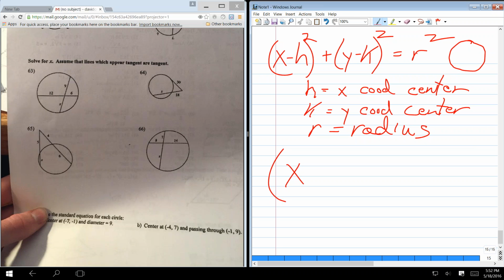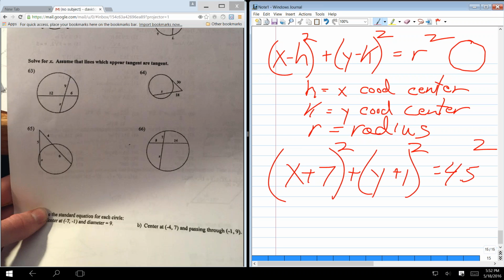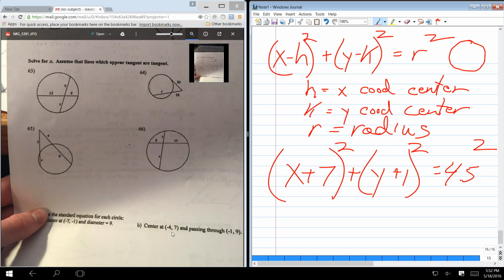I'm just saying in general that the h would be -7, but with that it would be +7. Correct. Plus y plus 1 equals 4.5 squared. Correct. You got it. And as long as you know this general equation, these circle problems are going to be a piece of cake.